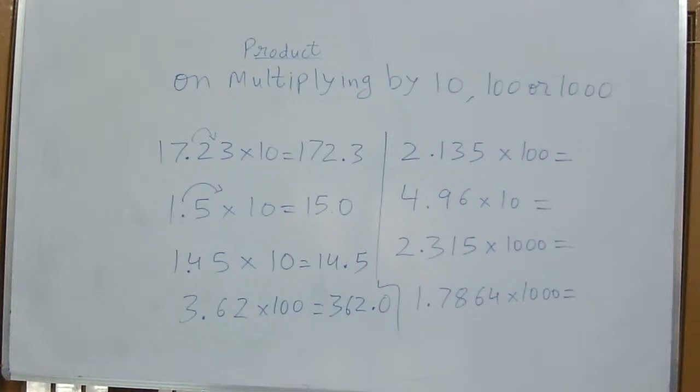Nityam, okay, first one. This way you write, like Harsh is writing, so I can understand which one you are writing. 2.135 into 100 is 213.5.